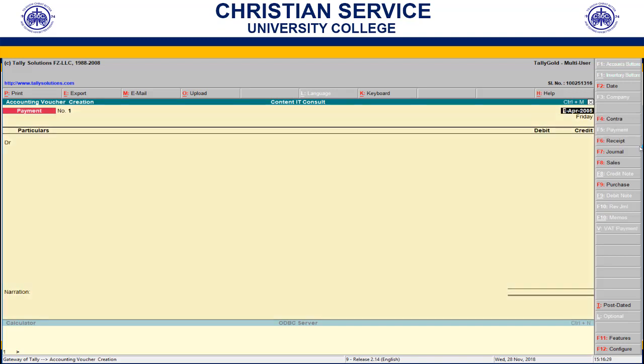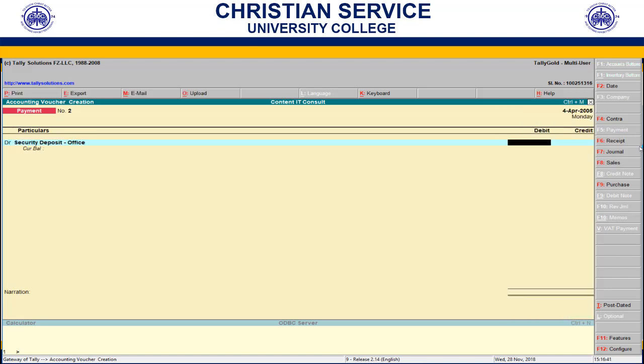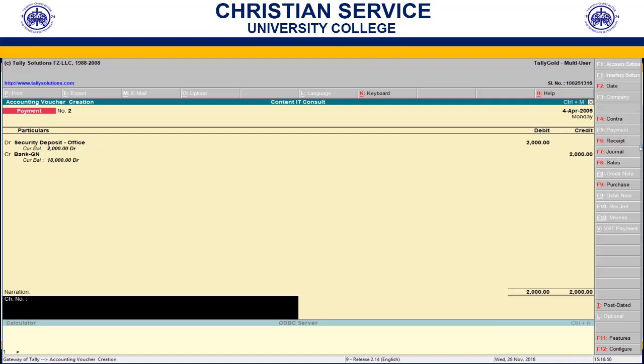voucher to payment by pressing F5 or using the mouse, and the date is 4th April 2005. We debit our security deposit of 2,000 and credit our bank of the corresponding 2,000. The check number of the bank can be written here if you have it.